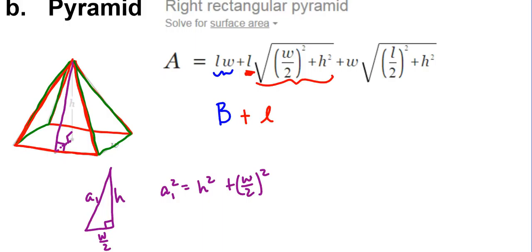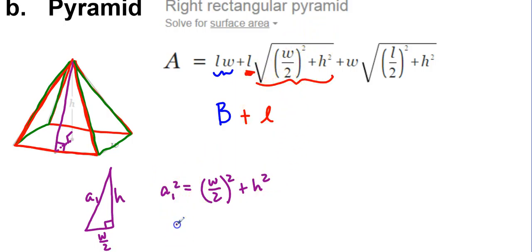And maybe I'll try to write it in the same terms that they use here. So they wrote it using W over 2 squared first. So that's where this comes from. W over 2 is the base of this triangle, which we've created. That thing squared plus H squared, that's where this thing comes from.